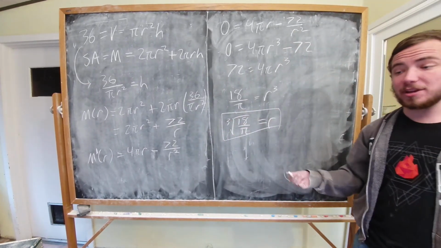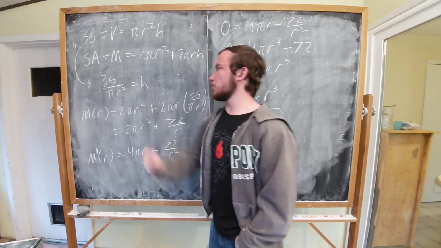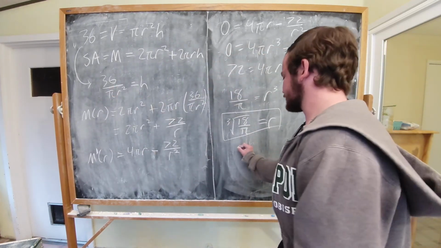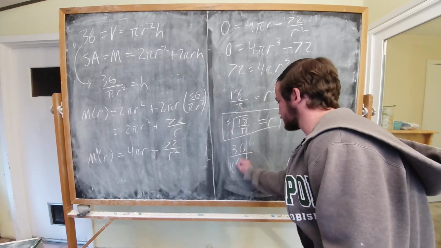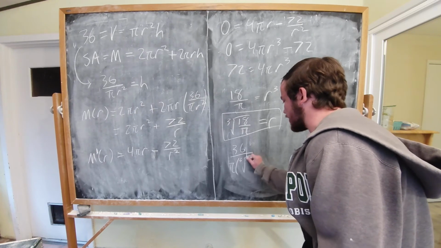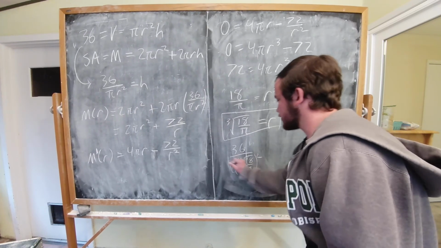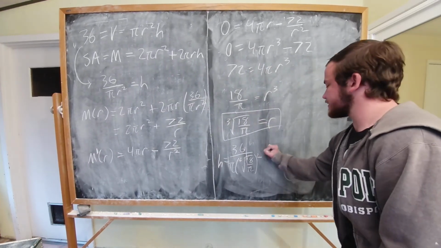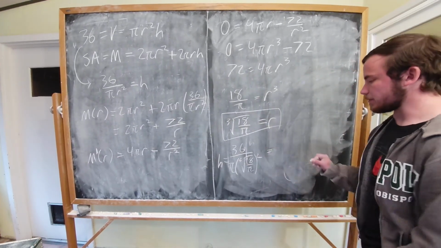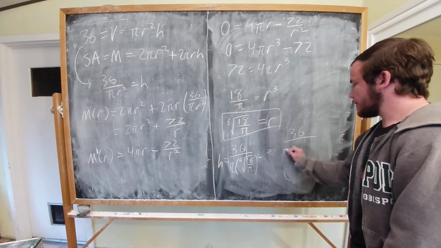So that's one of our dimensions. And now we also need the height, which is 36 over pi r squared, which is 36 over pi times the cube root of 18 over pi squared. So that's our height.